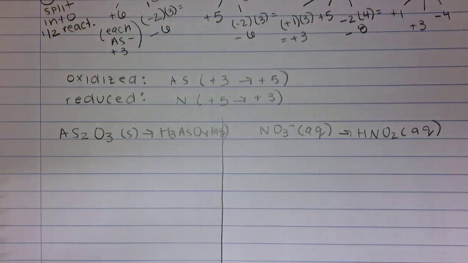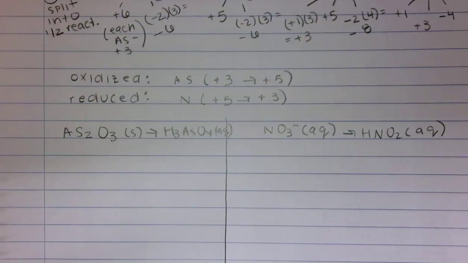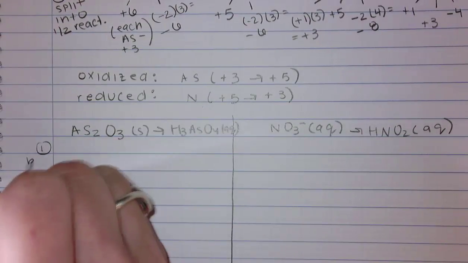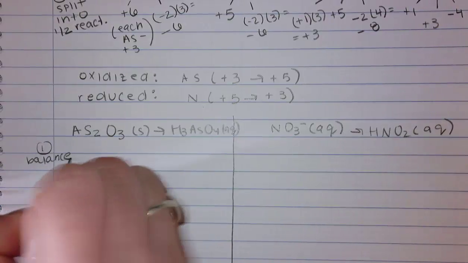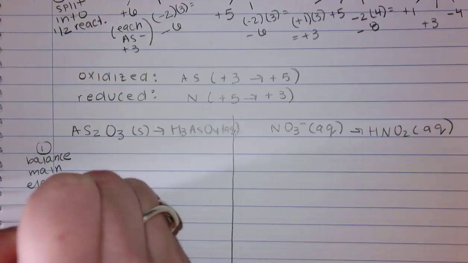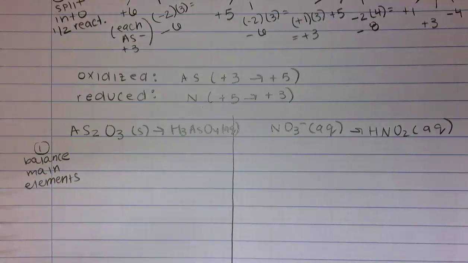Okay, so the first thing that I like to do is balance the main elements. I call them main elements because this is pretty much everything besides oxygen and hydrogen, because those have specific rules to them that we'll deal with afterwards.